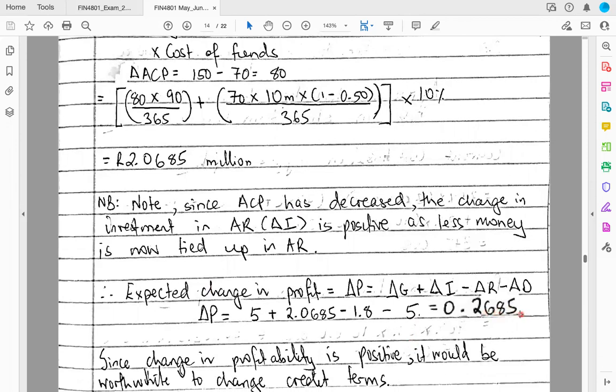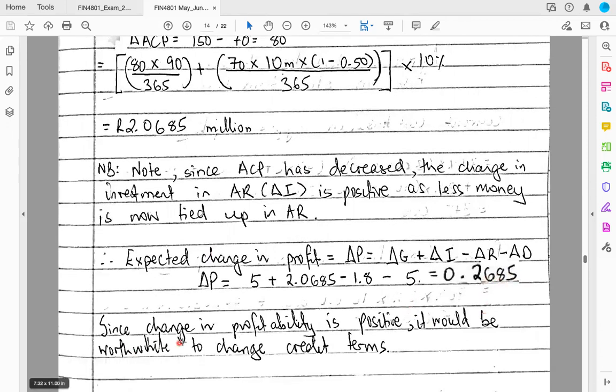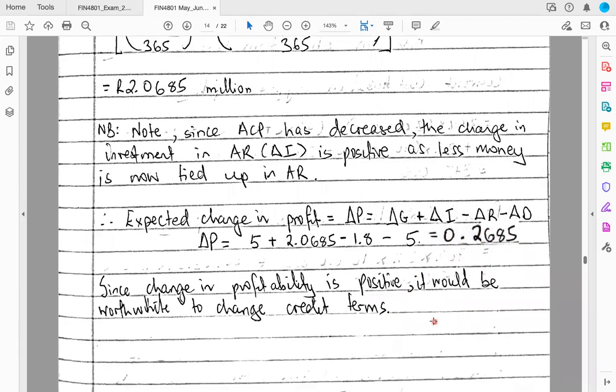And then we get 0.2685. And since the change in profitability is positive as a result of implementing the new credit standards, it is worthwhile to implement these credit standards as they will increase our profitability.